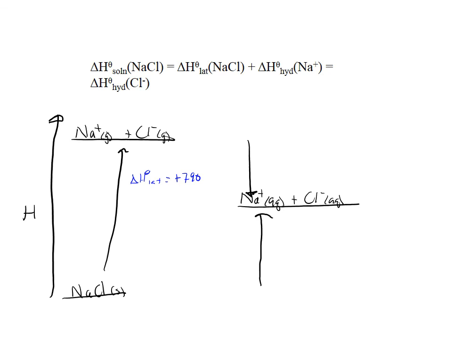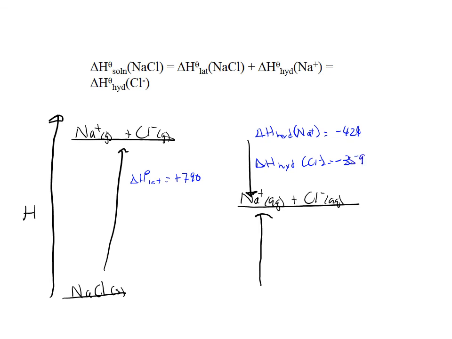So we have delta H of hydration for sodium, and this value can be found in table 20 of your data booklet, and that is going to be negative 424 kilojoules per mole. We have delta H of hydration of our chloride ion, and that's negative 359 kilojoules per mole.